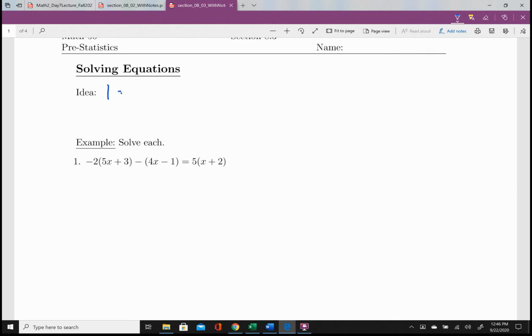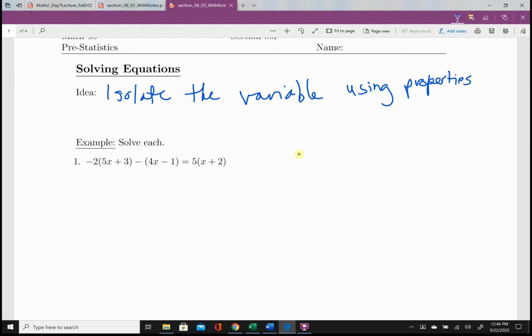And it is to isolate the variable using properties of equality. Properties of equality.